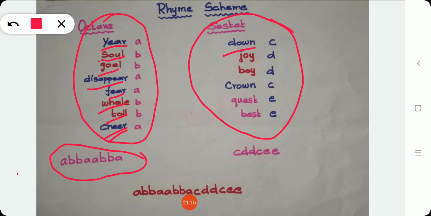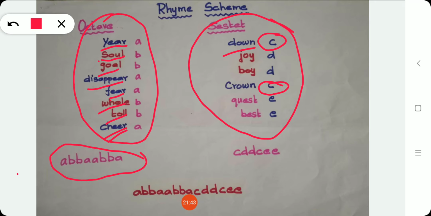This word down doesn't rhyme with ear and soul, that is, with A and B. So we have to go for a new alphabet, the next alphabet C. Again down is rhyming with crown. These two are a pair of rhyming words, so I am giving C.